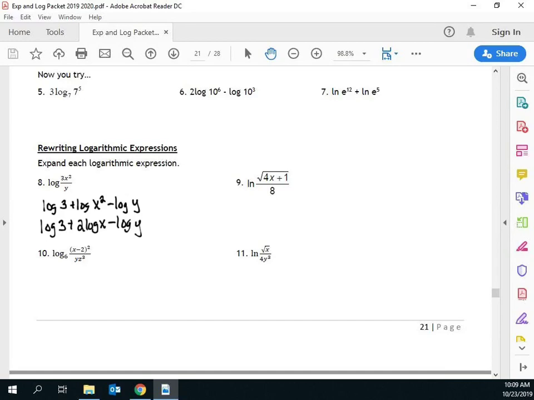The next one, what I recommend doing, guys, on these is getting rid of the square roots and fifth roots and third roots if there are any, and rewriting it as an exponential, because it's easier to expand out. So this ends up becoming, and I'm just going to do it right here, 4x plus 1 turning into 4x plus 1 to the 1/2 power.